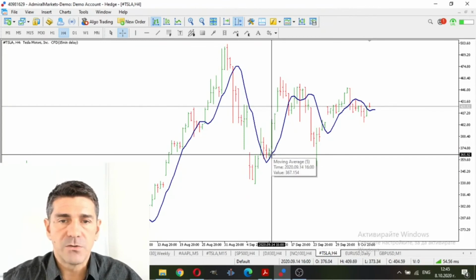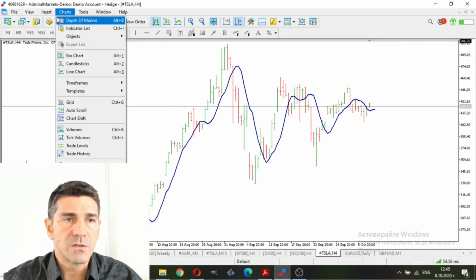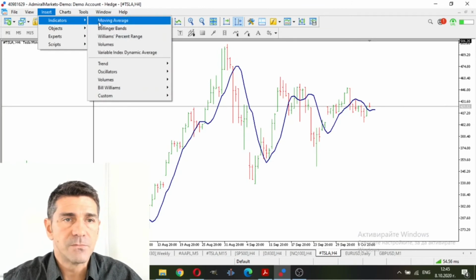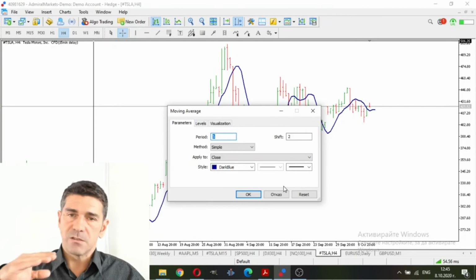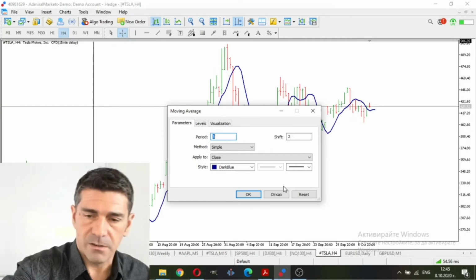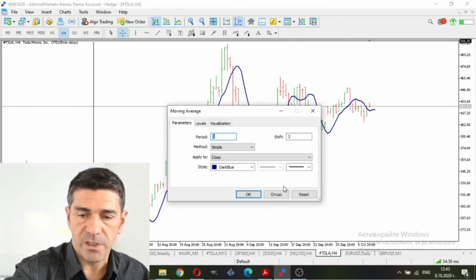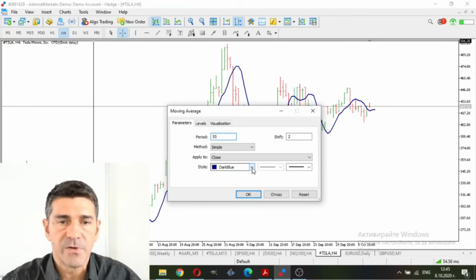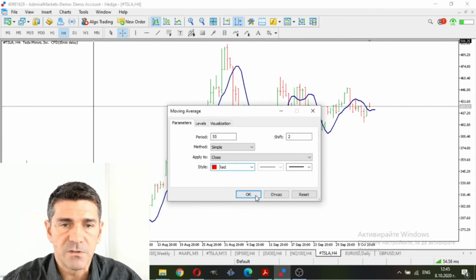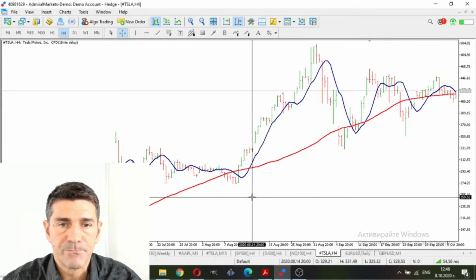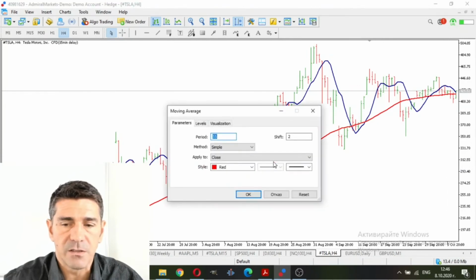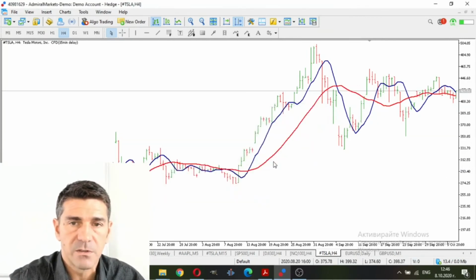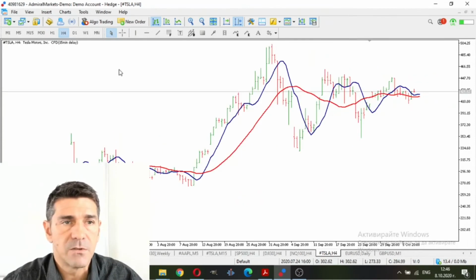I'm going to use, let's say, one additional moving average. The first one was 5 period. Let the second, actually the leading moving average, be 55. I'm going to put it in a different color to be seen. No, I don't like it. Let's make it 21. Okay.